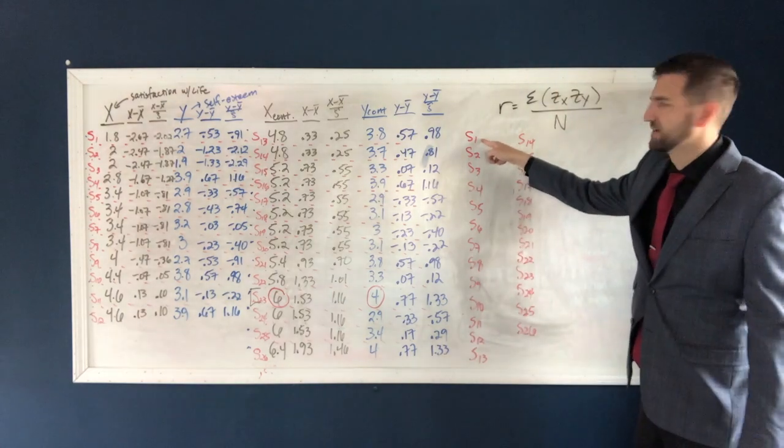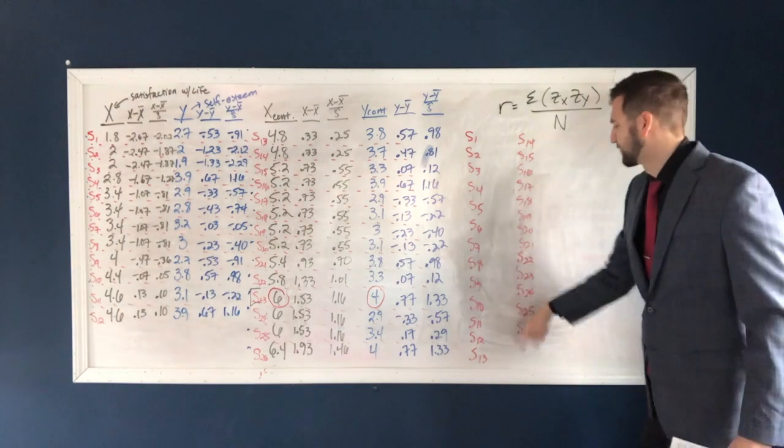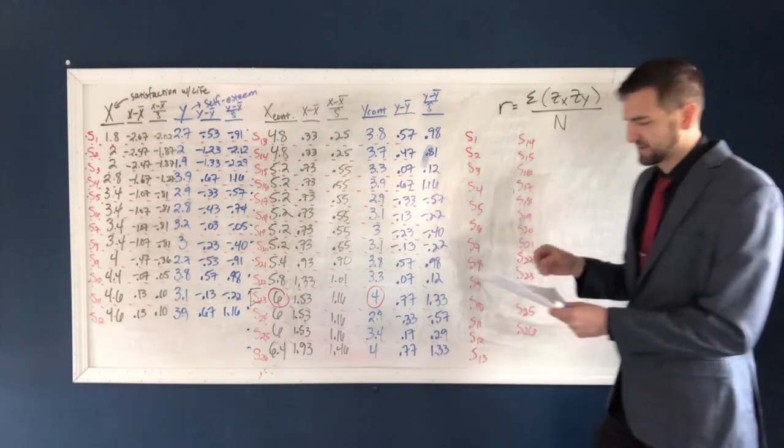So subject 1, subject 2, subject 3, all the way to 26.